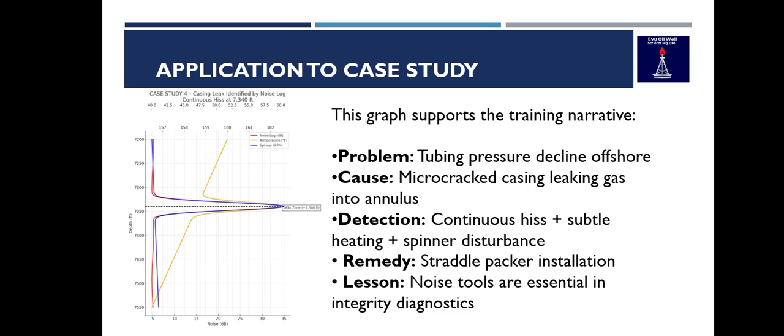Detection: continuous hiss and subtle heating and spinner disturbances indicate this casing leakage. Remedy: straddle packer installation. And the lesson to learn here is that noise tools are essential in integrity diagnostics.